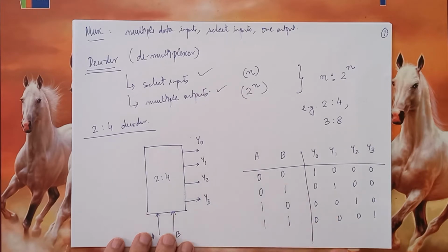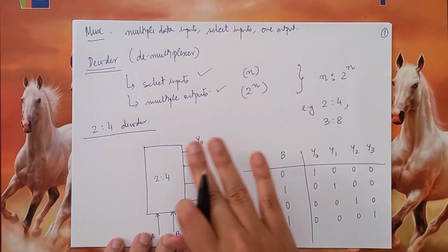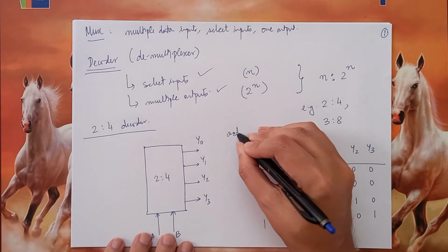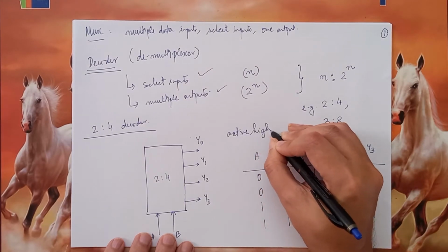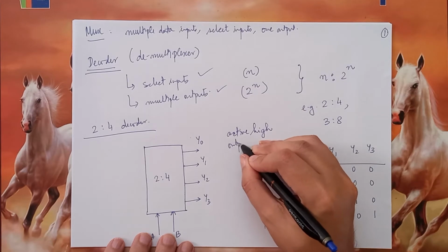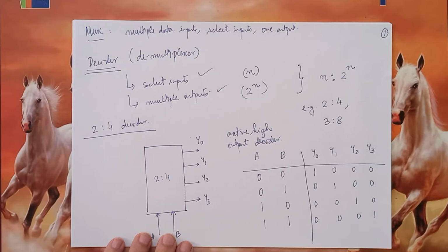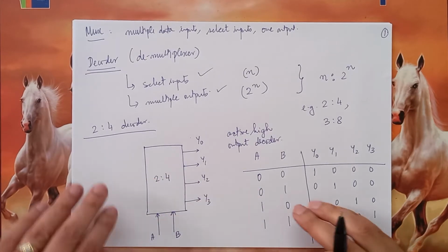So this kind of decoder, where the activation of the output is indicated by a 1, is called an active high decoder, or active high output decoder, because the activated output is indicated by a 1. An active low output decoder also exists. Let us see what it looks like.